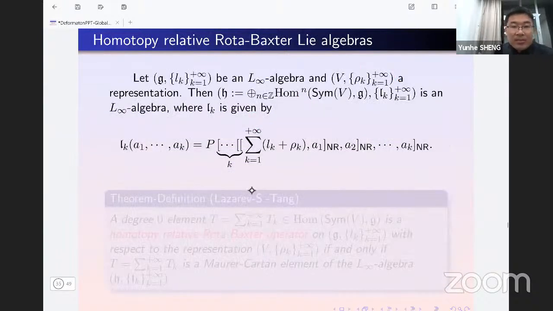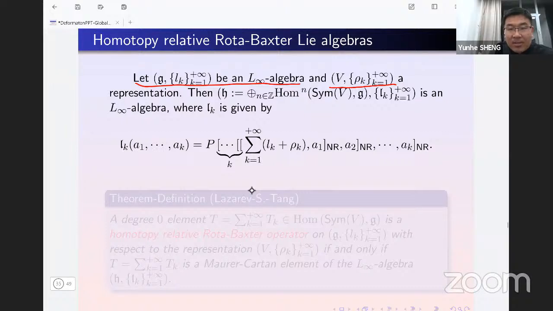Then we can study homotopy relative Rota-Baxter Lie algebras. So let (G, l_k) be an L-infinity algebra and (V, rho_k) be a representation of this L-infinity algebra.